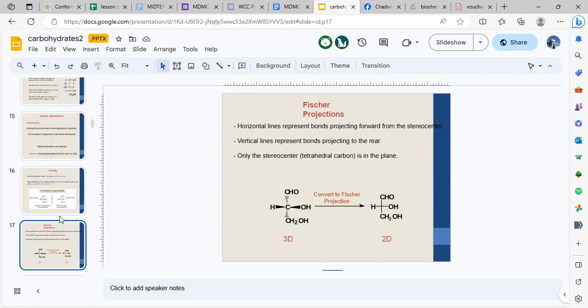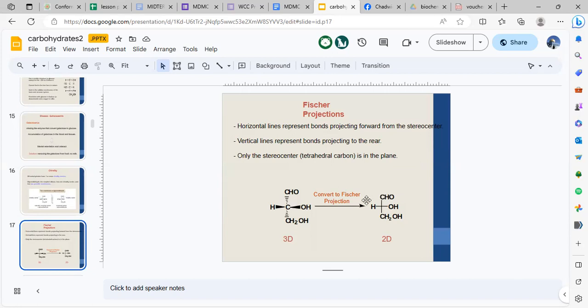Again, the Fischer projection is a faster way to draw a tetrahedral structure. If you remember, when you draw a wedge, it means it's going towards us. If it's a dashed line, these groups are going away from us. So think of this as a tetrahedral structure.